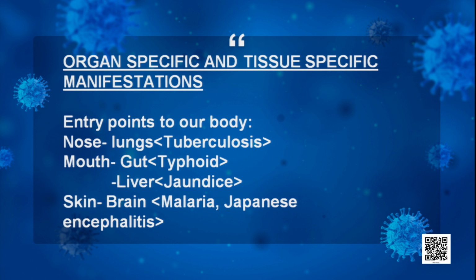So it can cause brain malaria, Japanese encephalitis, very dangerous forms of disease. So here you just mark that the entry point decides the organ which will be affected, and the organ affected again decides the disease, right? But is it always true that the entry point decides?